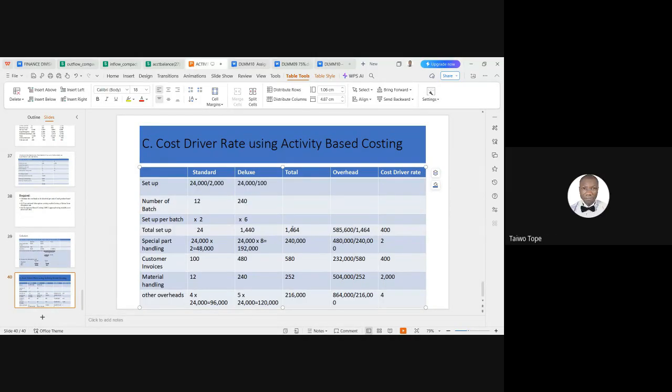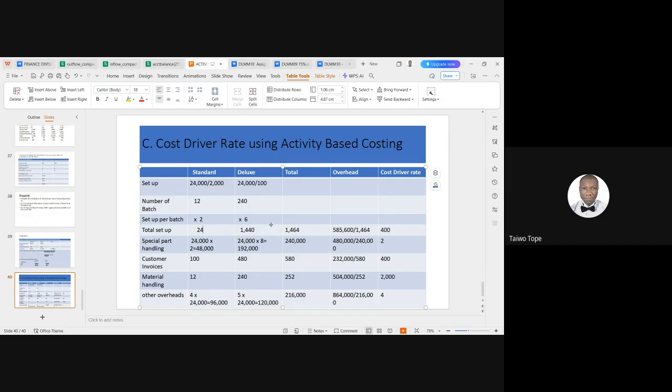So this is it. For 1 setup, you have to spend a rate of what? 400, right? Irrespective of whether it is standard or the loss, the rate for 1 setup is 400. Now, under standard, your total setup is what? 24.